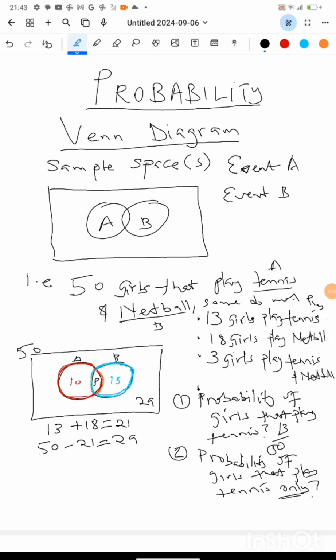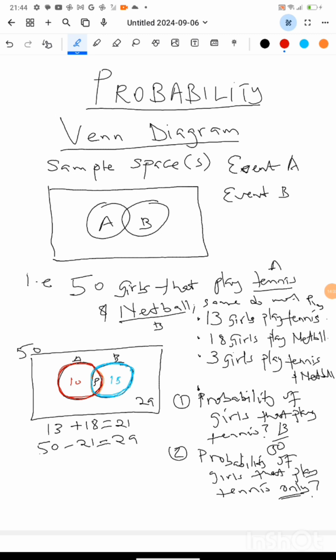The first question says what's the probability of girls that play tennis? Remember that some of the girls that play tennis also play netball. So you have 3 girls that play tennis and netball. Now this question says what is the probability of girls that play tennis only? Now you see, this is an interesting question.